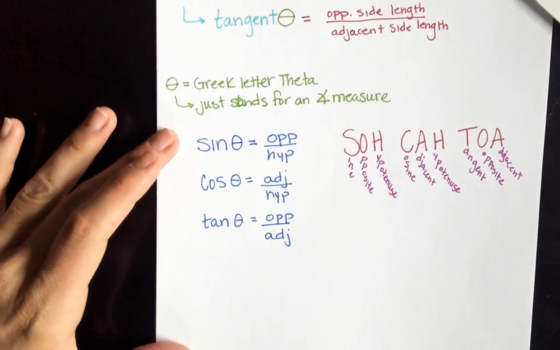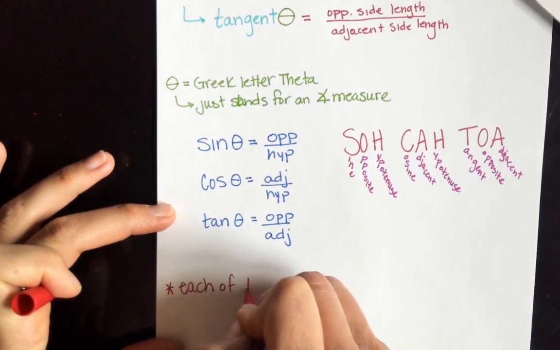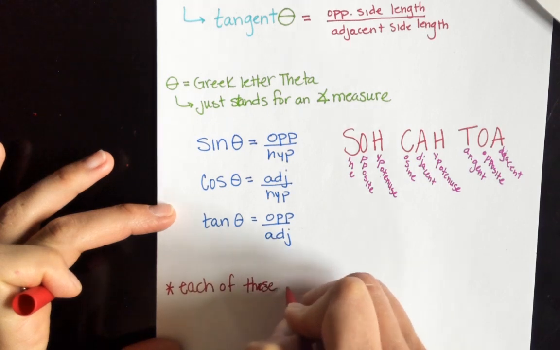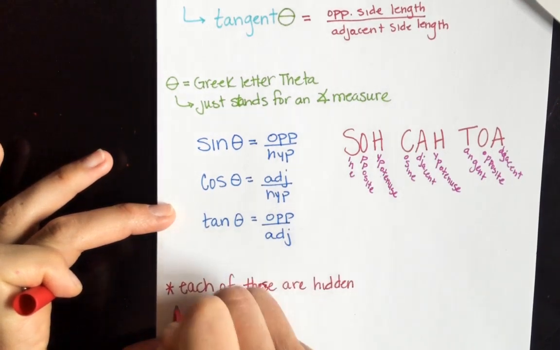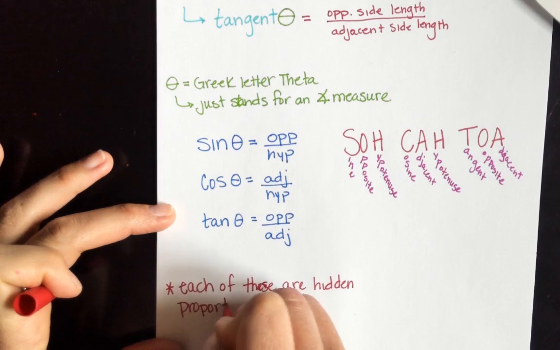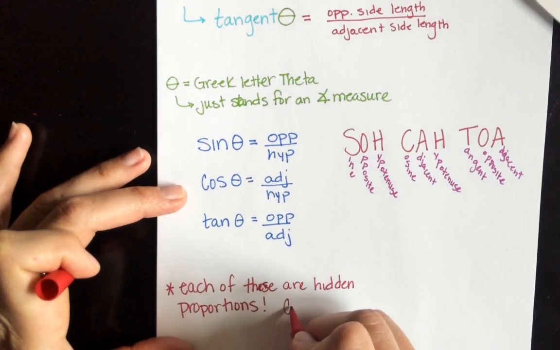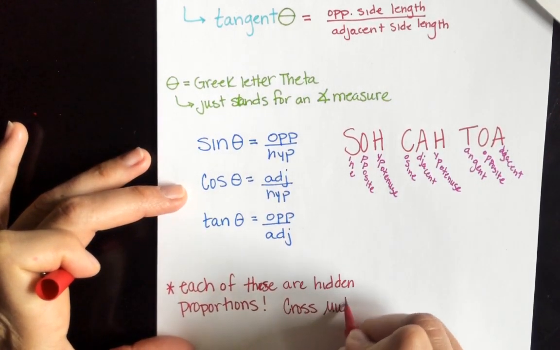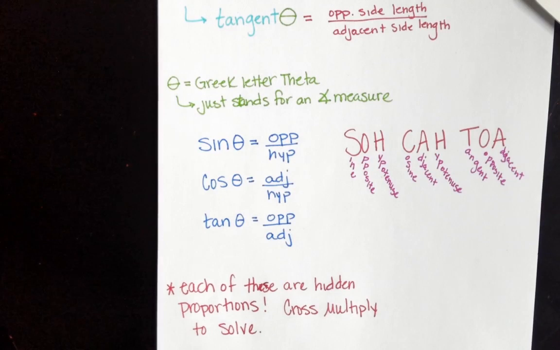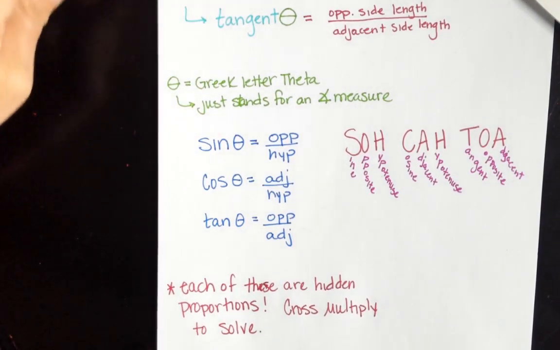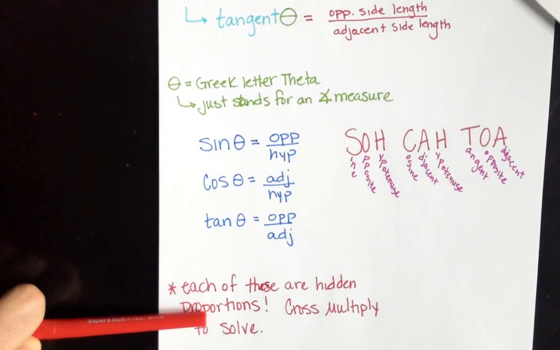So one of the things that we also want to keep in mind is that each of these are hidden proportions, which does mean we will eventually look to cross multiply to solve. So don't be surprised when you're looking at how this is all set up, that when it all boils down, we're just going to have a proportion to cross multiply and solve.